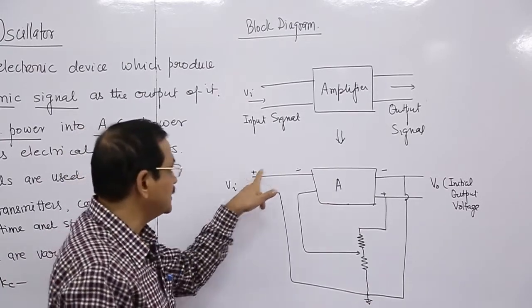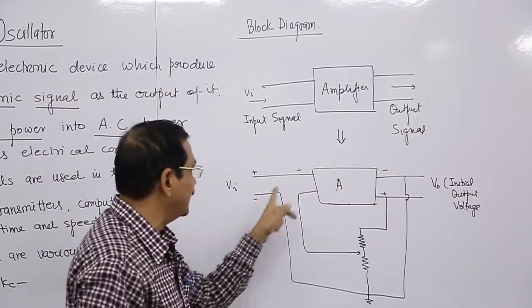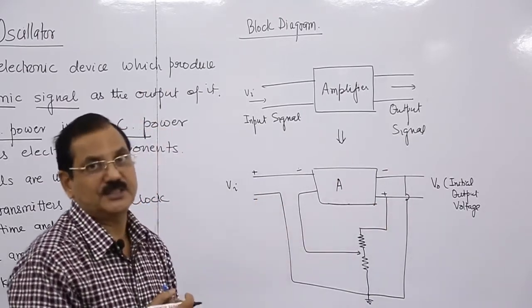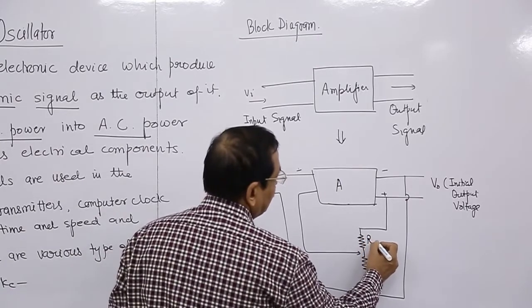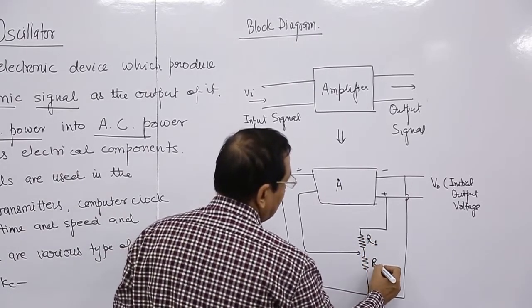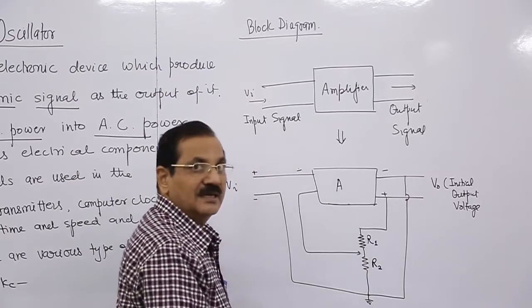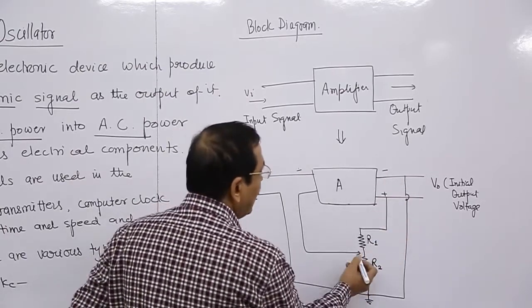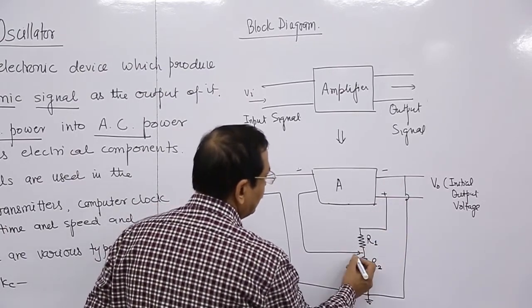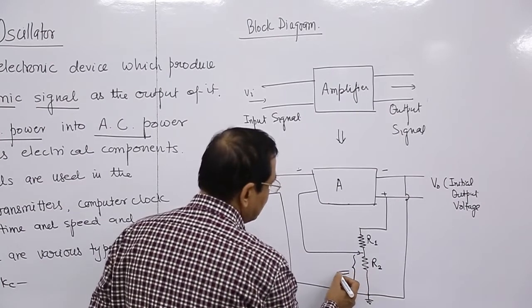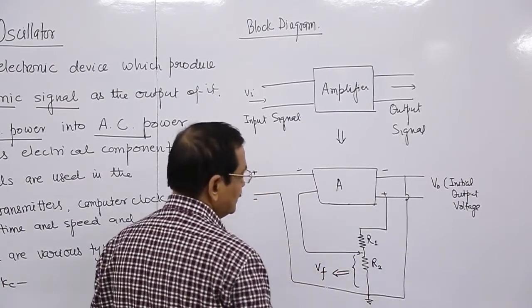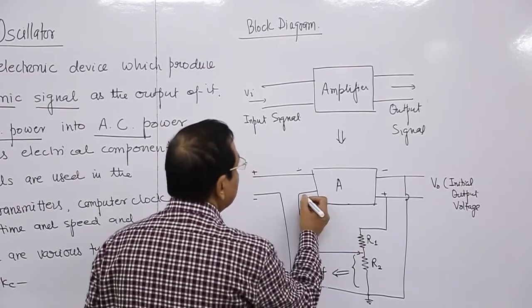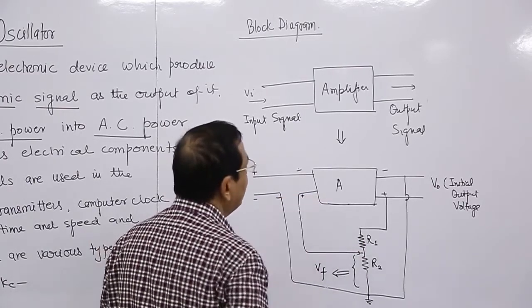So here it is positive, this gives negative, here it is negative, this gives the positive potential. And we use this network, say R1, R2, two resistances, and then part of this is feedback. This much voltage is feedback, say Vf, and this is positive and here it is negative.